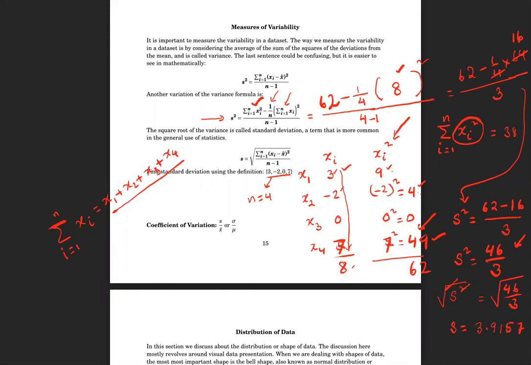See, we got the exact same value for the standard deviation using this formula versus this formula. It really doesn't matter which formula you use. You'd always get the same answer. And this one, the second one, is easier.